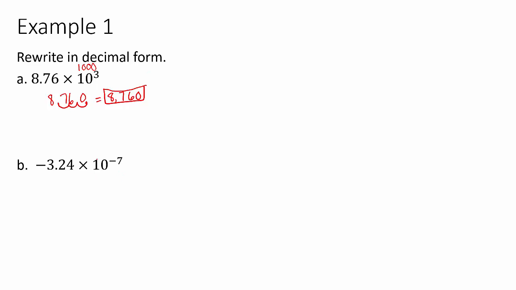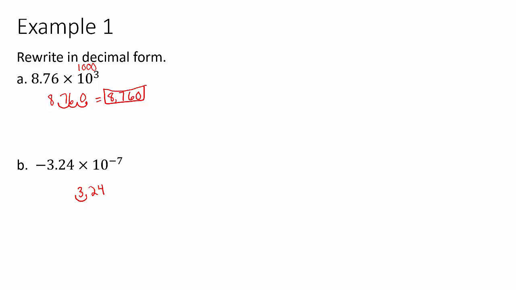Whenever we have negative exponents, instead of having extra zeros and moving to the right, negative exponents mean that we're dealing with a decimal. So this -7 means we're going to take our decimal and move it to the left. When we move to the left, we move 1 decimal place to get past whatever number is here.